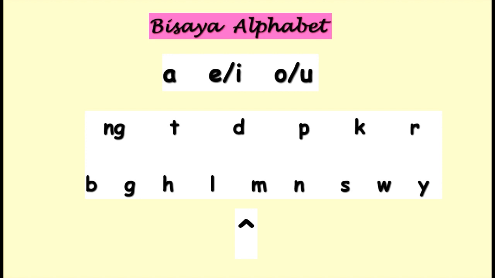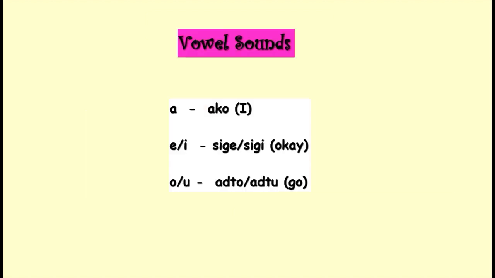The upper part is what we call the vowel sounds. As you can see, there are only three vowels in Cebuano. First is A, and the second is E, and the third is U.